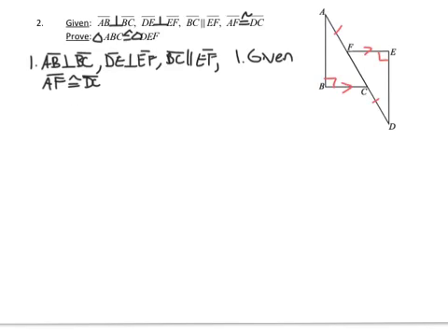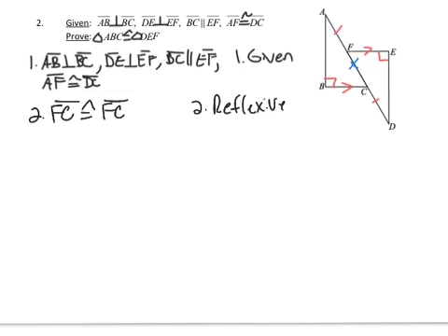And what I'm going to look at first is getting AC congruent to DF. And here's how I do that. I have a little bit of reflexive in here, right? FC is going to be congruent to FC. That's reflexive. And then I talked about this addition property before.